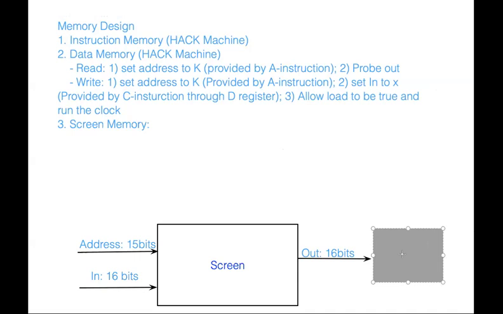Okay, this is the screen in our Hack machine. In our Hack machine, we have a screen. For the screen, the first thing we need to know is the screen resolution.